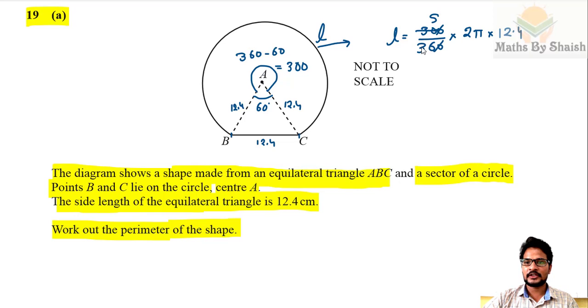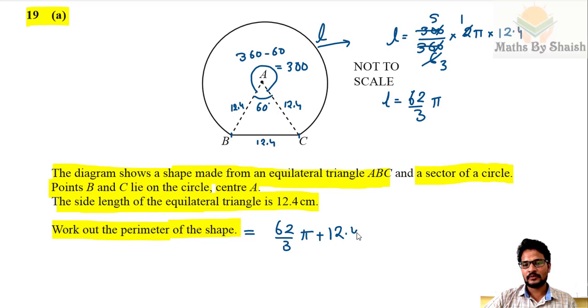6 5s are 30, 6 6s are 36, and then 2 1s are 2, 3s are 3, and yeah, we cannot cancel this, so this is going to be L equals 5 into 12.4 into 5, and then divide by 3, it is going to be 62 over 3, and there is a pi. For the perimeter we will add them all, that is 62 upon 3 pi plus 12.4.